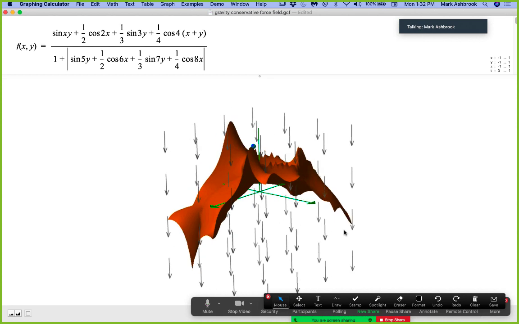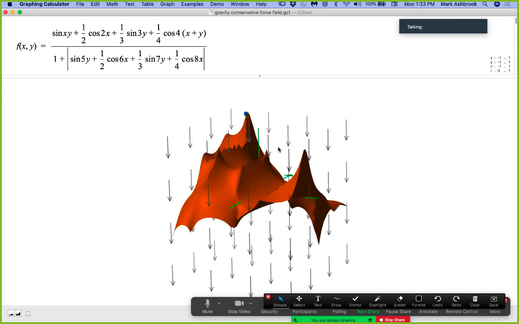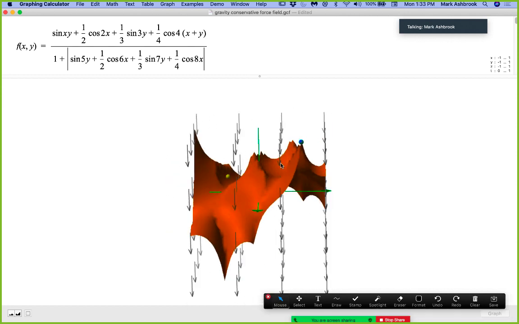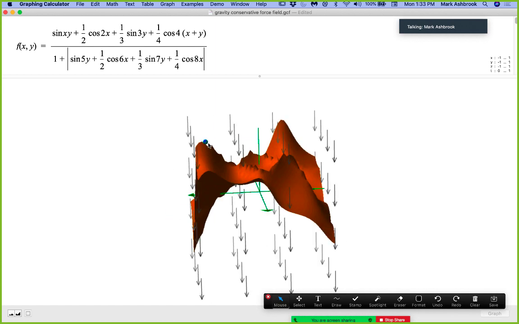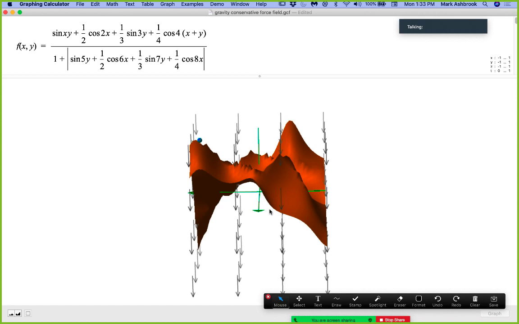So this yellow point here is where our heroes, Sam and Frodo, are starting, and they need to get to this turquoise point here.